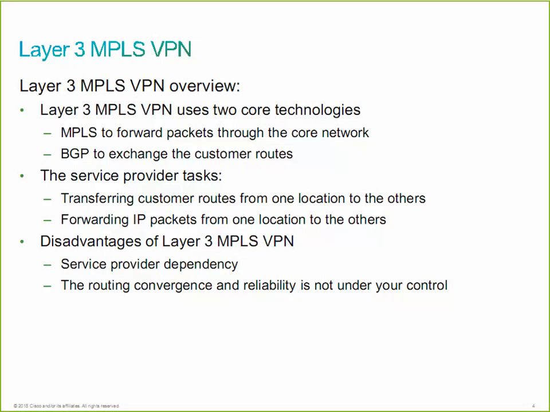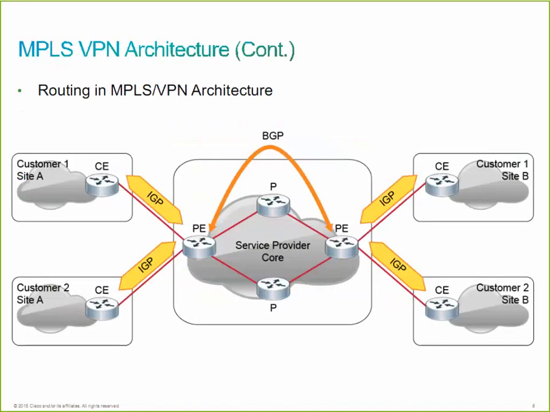Because the provider is actually participating in the routing. The service provider network is technically then the core of your WAN. So routing convergence, reliability, the things that we normally would control if we're running something over a Layer 2 VPN, are out of our control, and it's dependent upon the service provider to ensure that we're getting those kinds of services in the core of the network. All right?